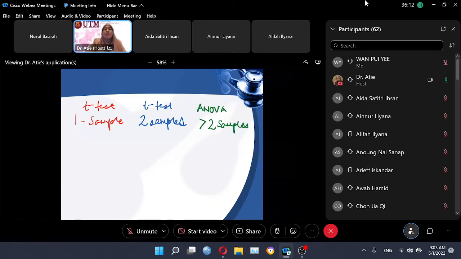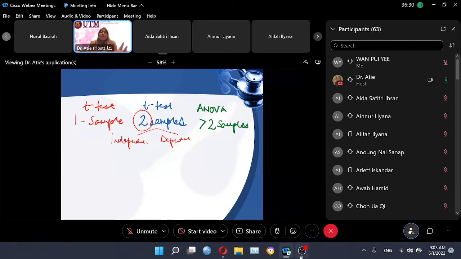For two samples we have two types: independent samples and dependent samples. So we have only two samples for the t-test.